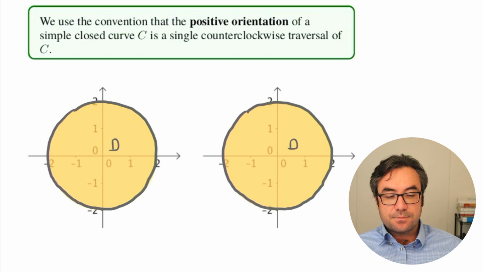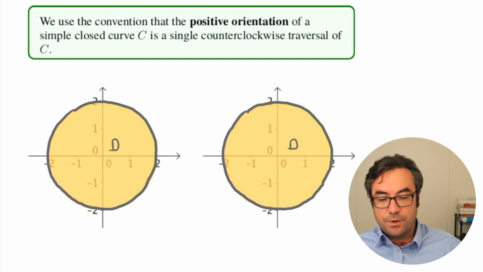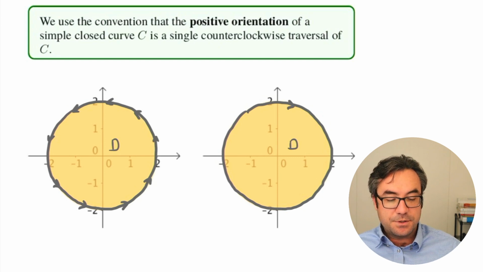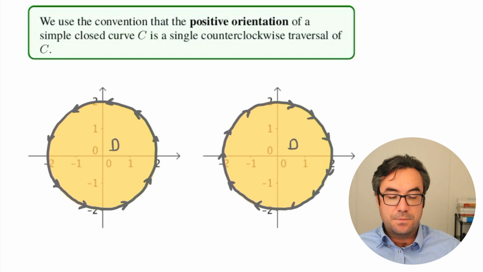And what do these look like? So we could go this direction. Or we could go this direction. So there's two directions here that we could go. All right.